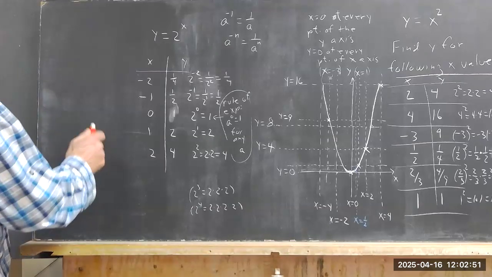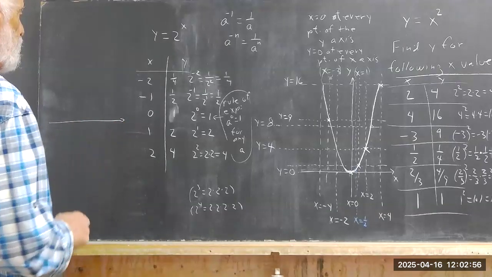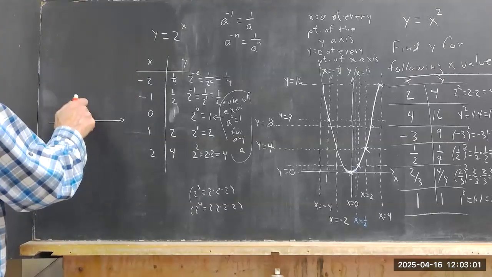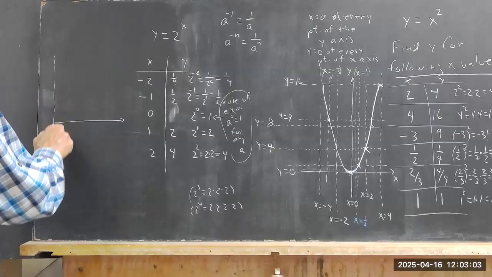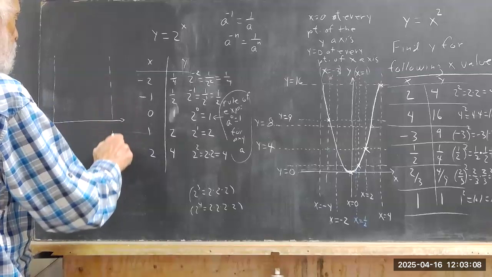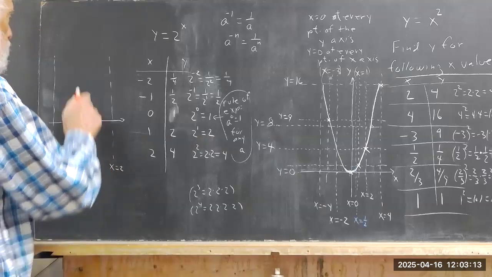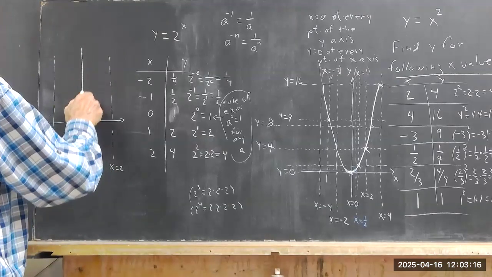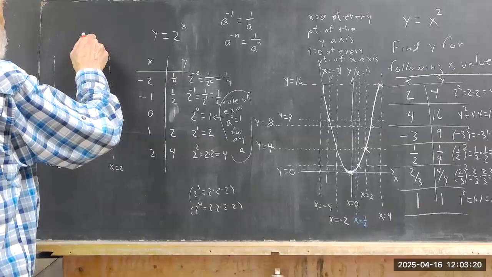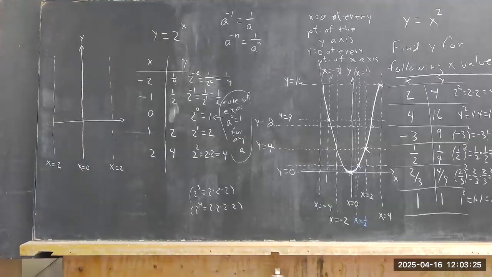Okay, so I want to sketch a graph of this. Now my x values go from -2 to 2. So I'm going to put x equals -2 over here, and x equals 2 over here. Halfway between is my y-axis, which is of course where x equals 0.